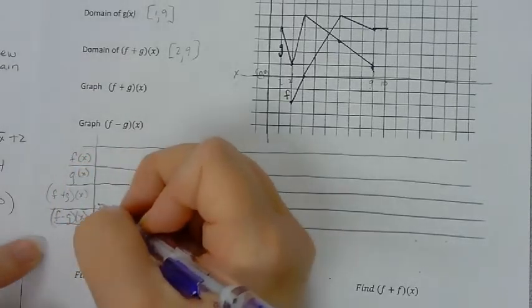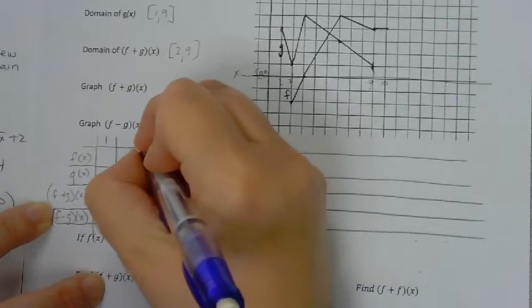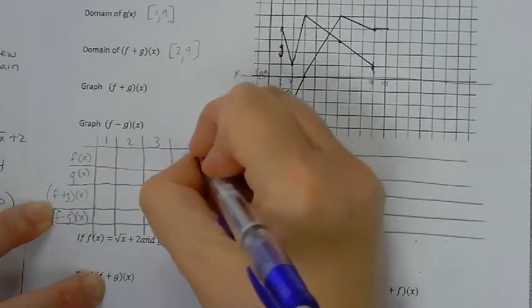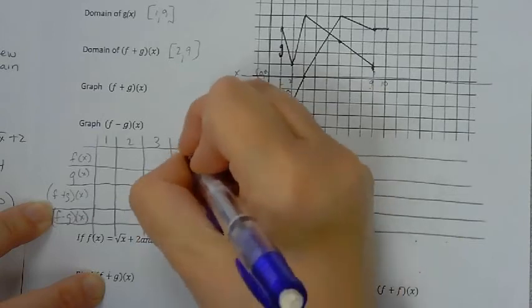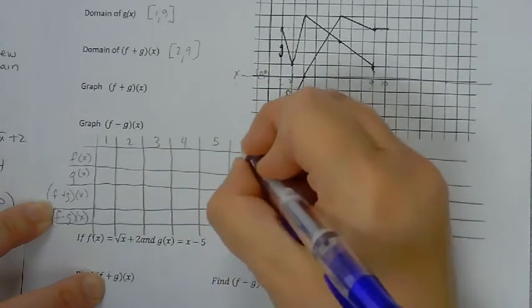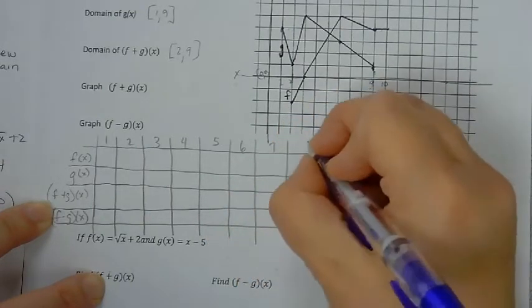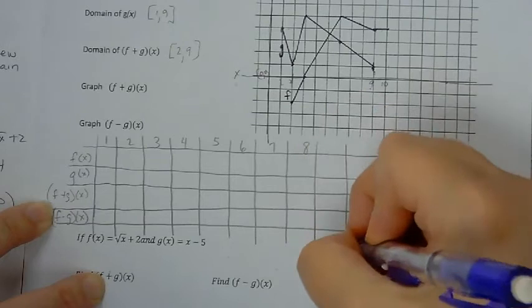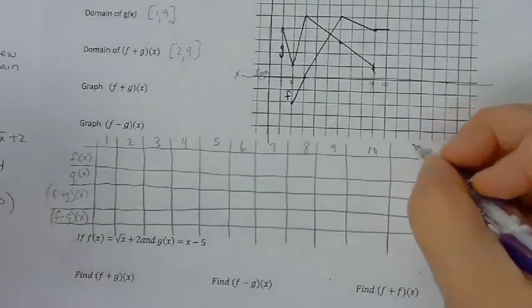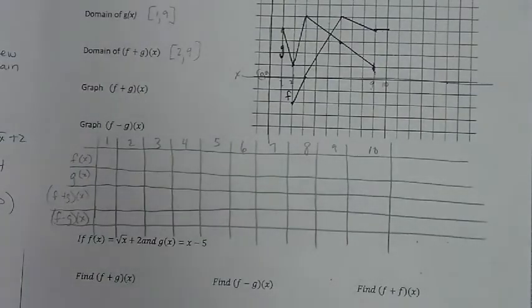All right, and we want to go from 1 to 10. So let's go through and evaluate each spot at the particular domain.